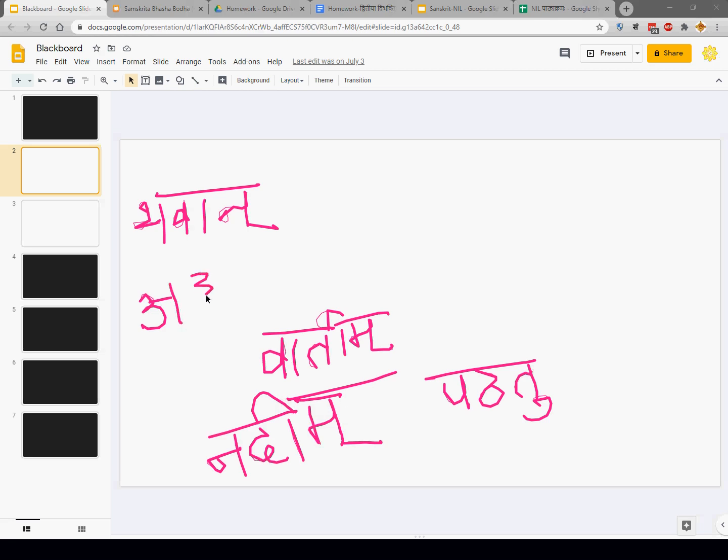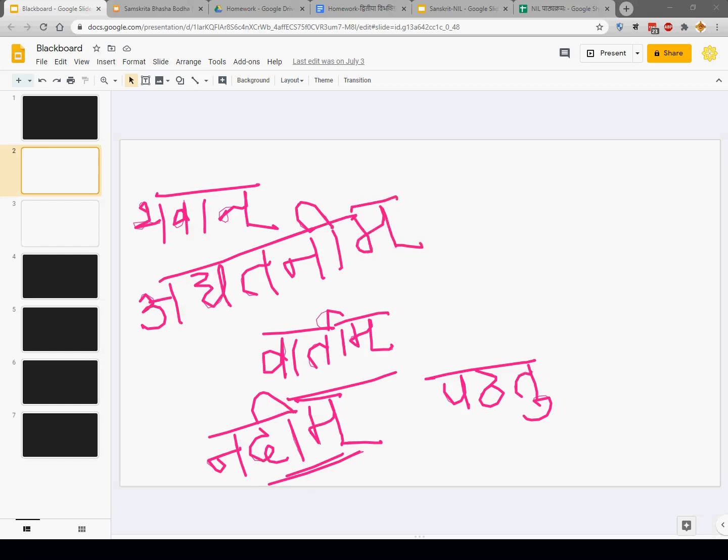So similarly, if the base word is Adyatani, like Nadi, the second case ending becomes Adyatanim. So Bhavan Adyatani Vartam Pachatu. This will be the sentence if we want to keep the Adyatani separately.